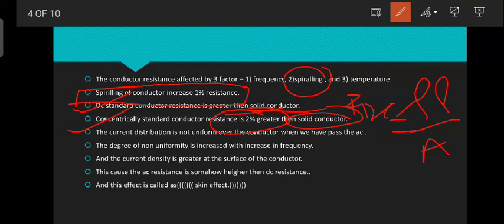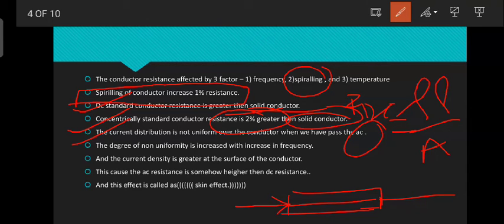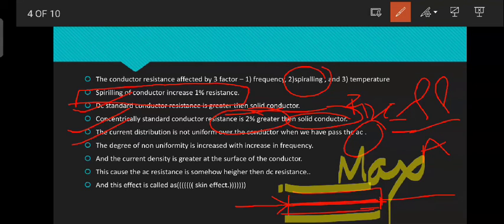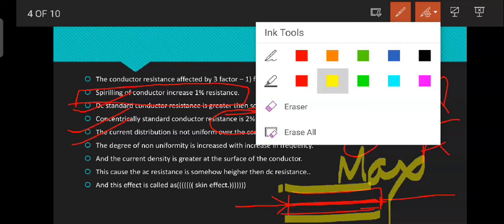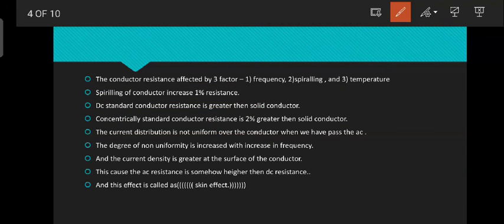You also remember this: the current distribution is not uniform over the conductor when we pass AC. In the middle portion, current will be very small. In the outside portion, like here and here, our current will be maximum.